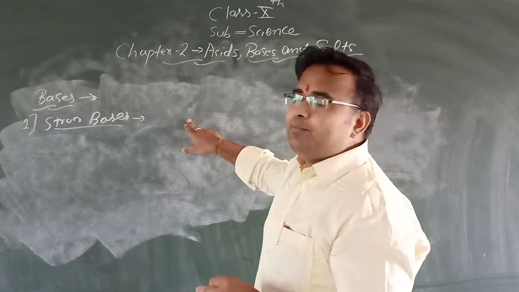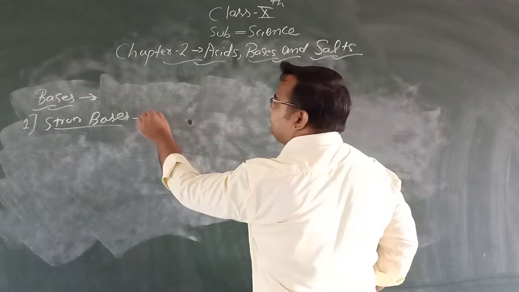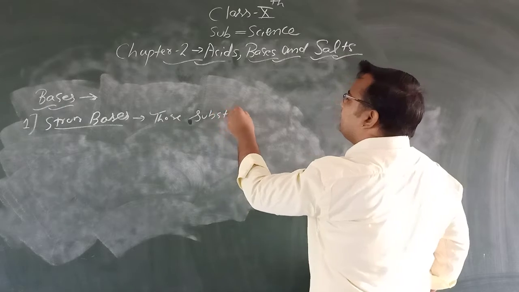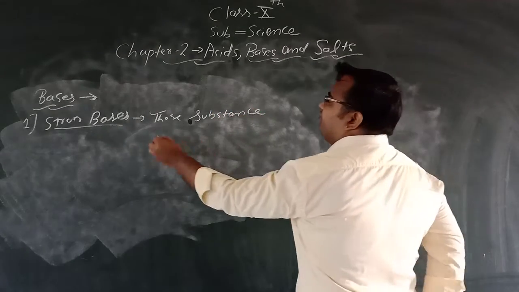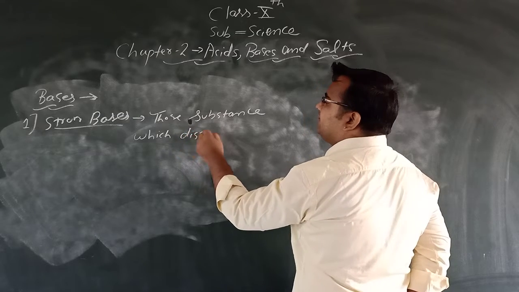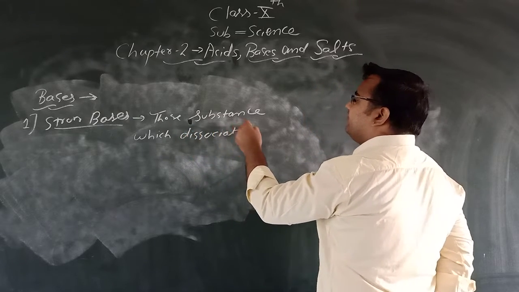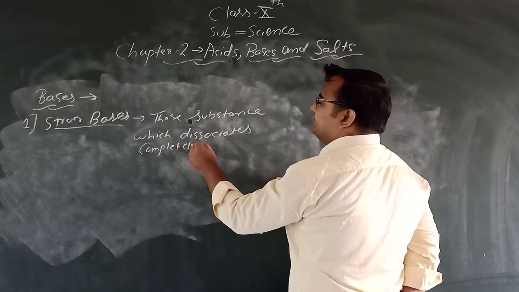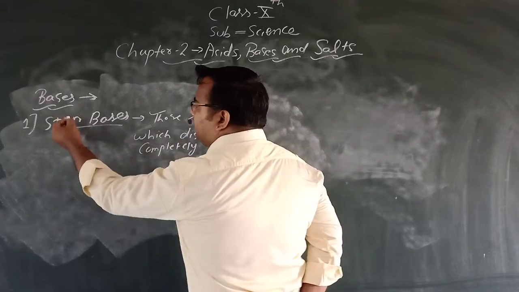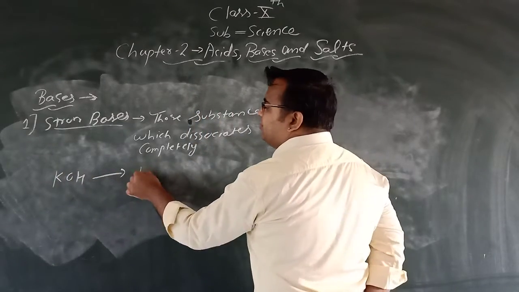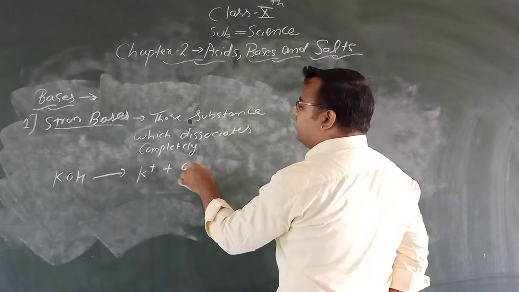Strong bases dissociate completely, like KOH. KOH is dissociated completely as K plus and OH minus.